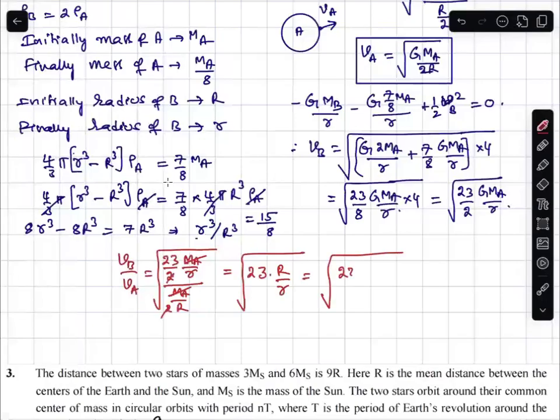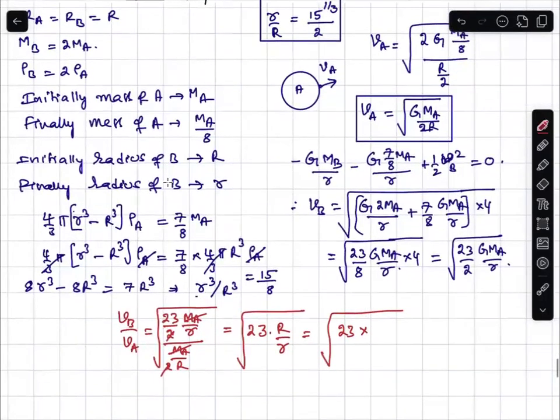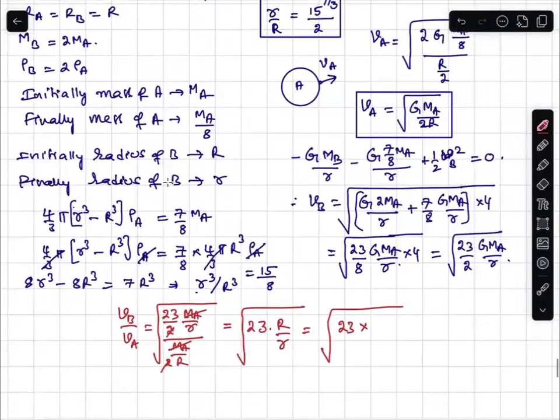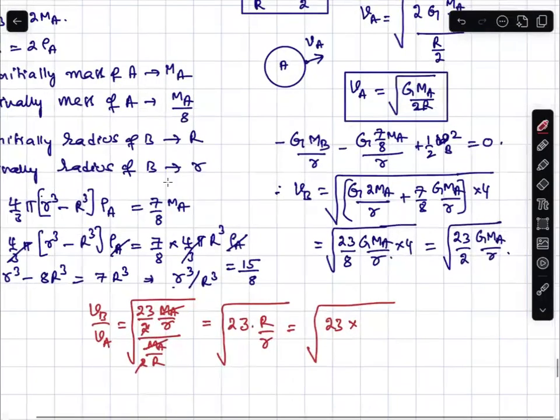Now 23 times, just now I have given wherever I have whatever capital R. Let me just check once the calculation.